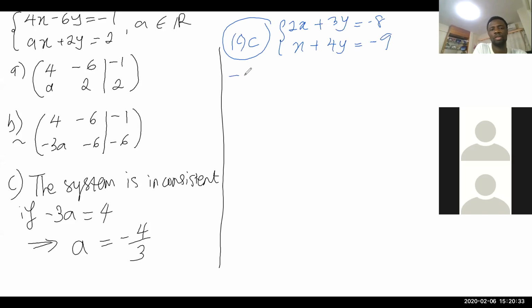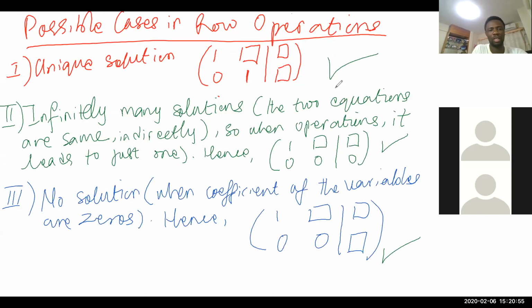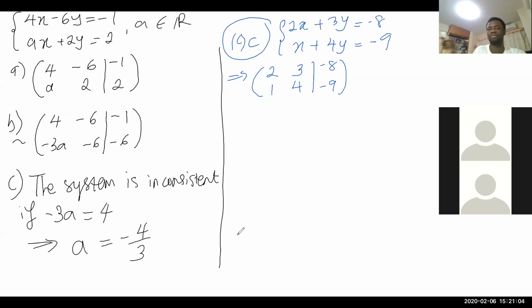So again, first thing is to put it in augmented matrix form: 2, 3, 1, 4, negative 8, negative 9. Okay, so the idea is to have it like this, or like this, or like this. That's the idea. In any case, we want to make sure we have some ones, right?